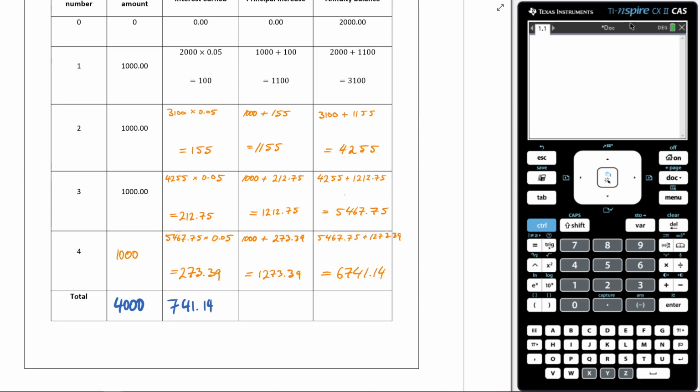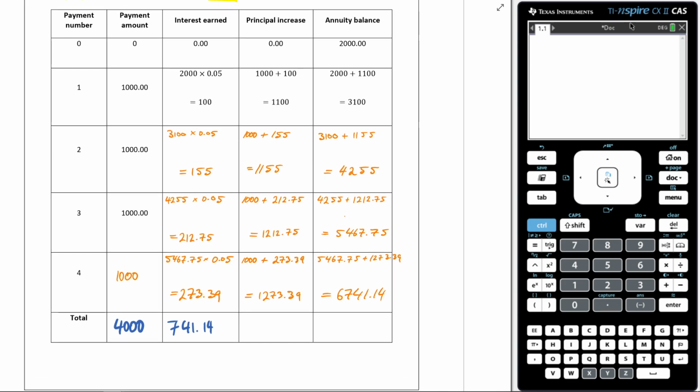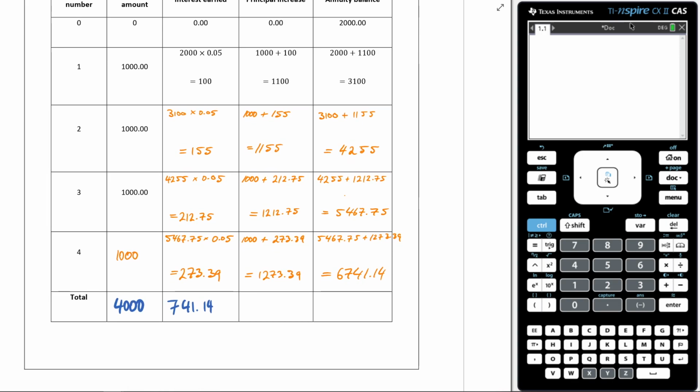The next thing we can do is write down the principal increase. We simply add up all of these numbers, and we find that the principal increase over this time is 4,741.14.